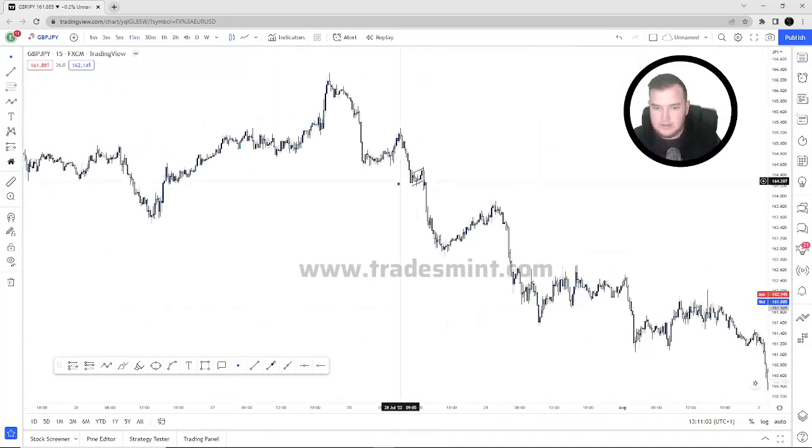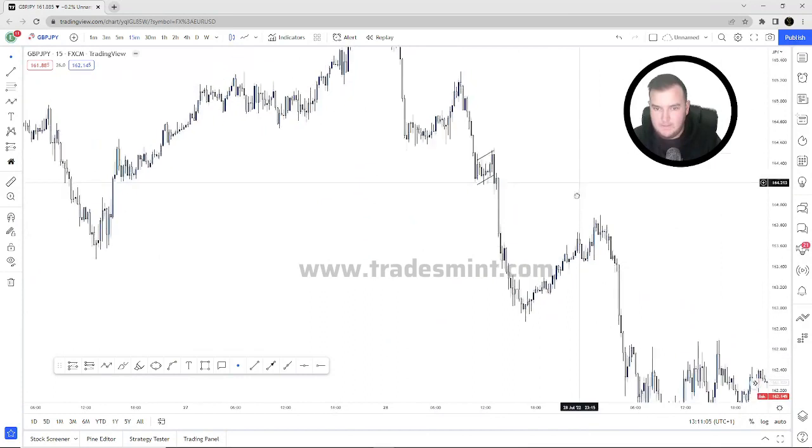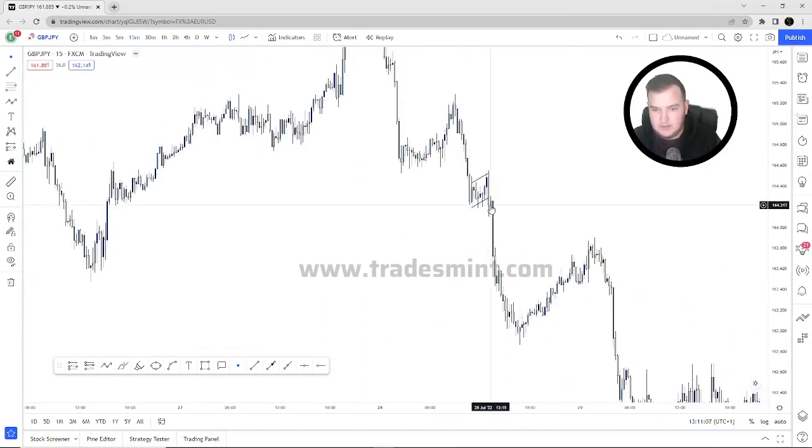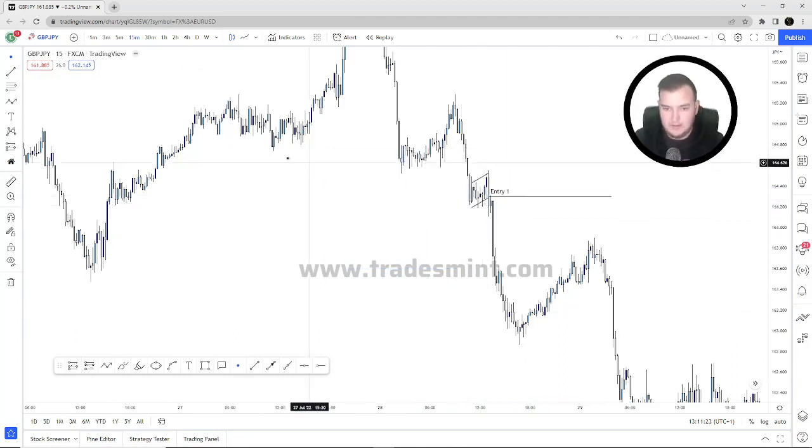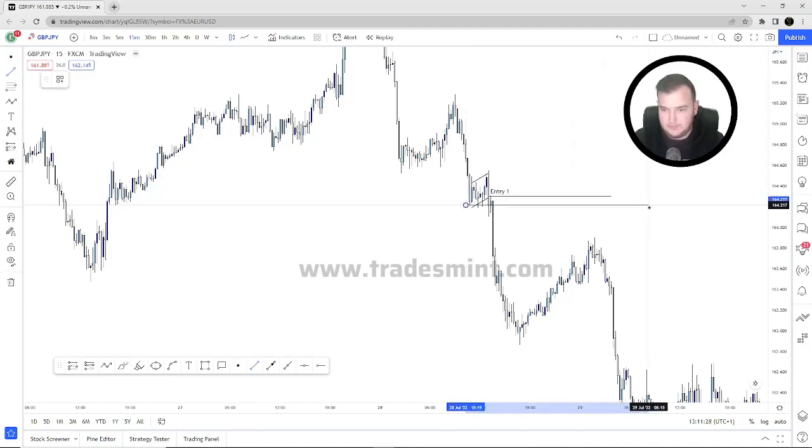Right, we could look at this and see, well, okay, if price breaks this low, it could give us an entry, or if we form this flag and we break the flag, it gives us an entry. So just by understanding that this is a correction, we have two entry points, right? So this would be entry number one, and then entry number two would be on the break of this low.